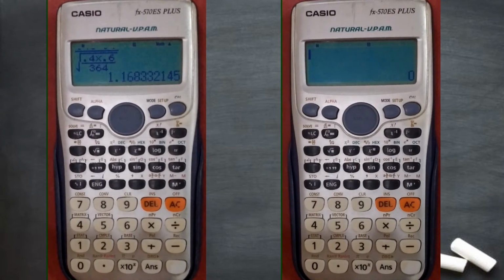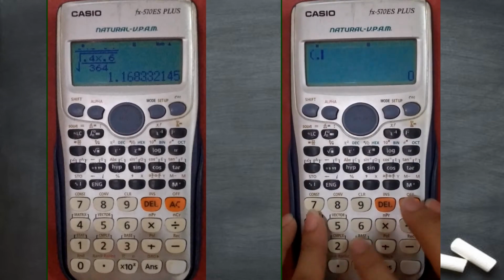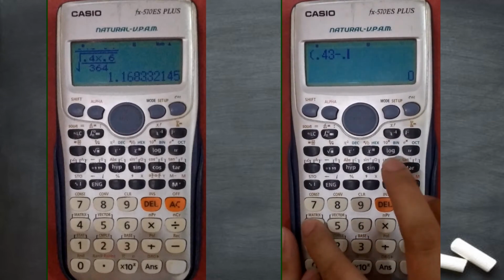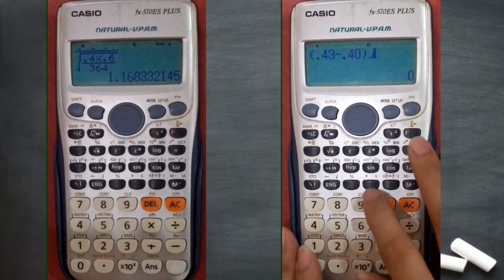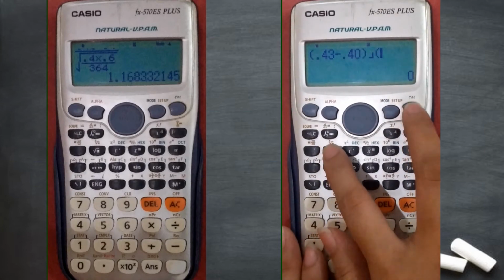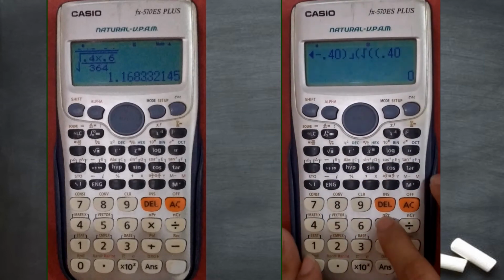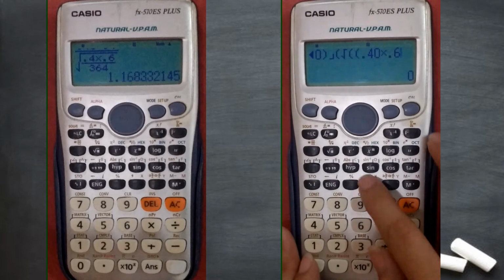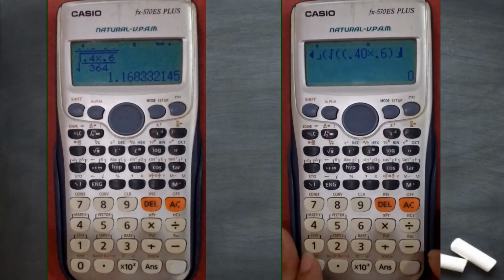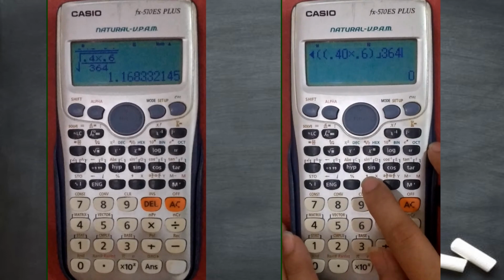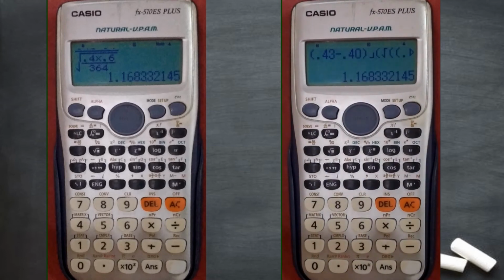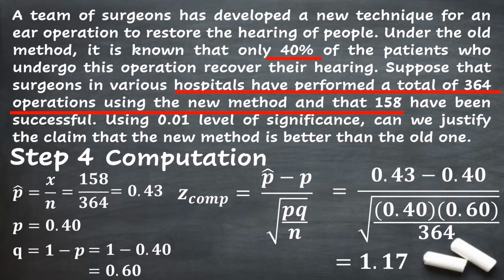For two-line calculators, open parentheses, 0.43 minus 0.40, close, then fraction, then open, then square root, then open again, then 0.40 times 0.60, then close, then fraction, then 364, two closes, equal sign. That is the answer. The final answer for the z computed is 1.17.